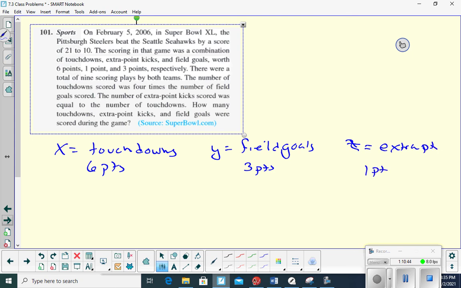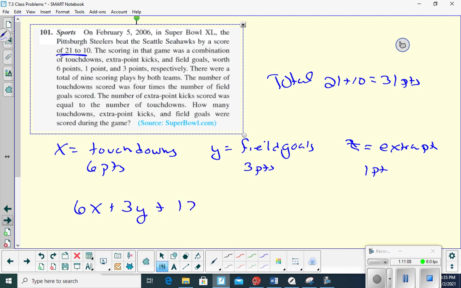So the first thing I see is it says that the score was 21 to 10. Well, if the score was 21 to 10, that means I had a total of 31 points scored. So if I take 6 points times the number of touchdowns, plus 3 points times the number of field goals, plus 1 point times the number of extra points, I should have a total of 31.